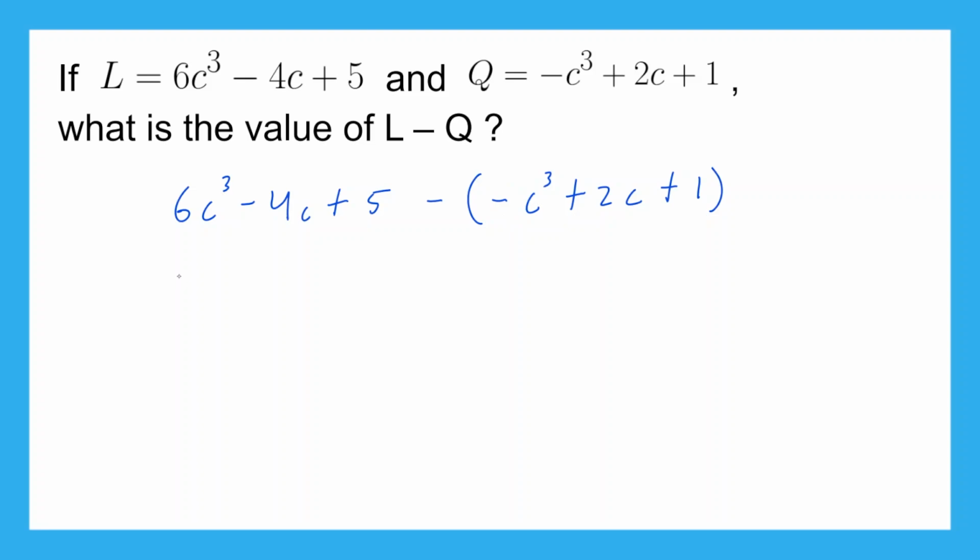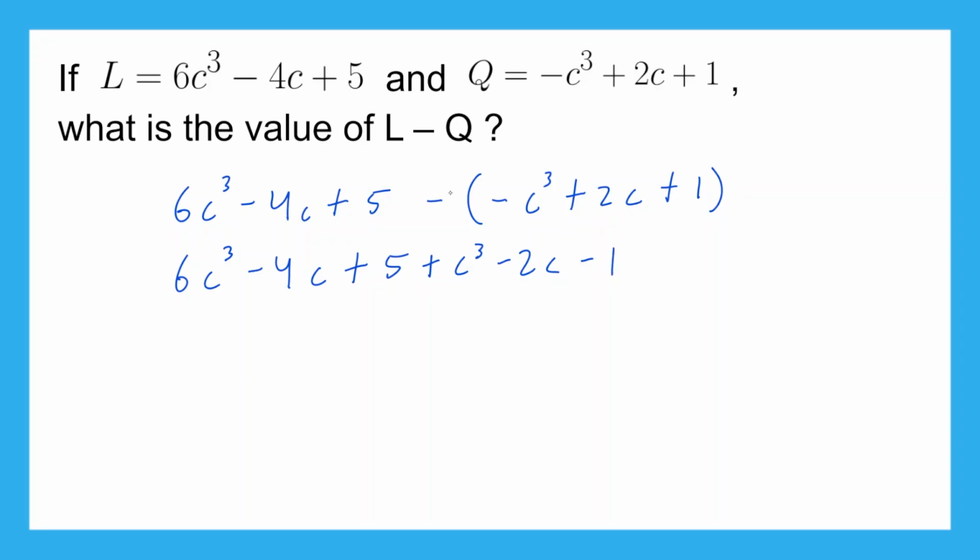So we're going to once again say 6c cubed minus 4c plus 5. And then this term with the sign change is going to be plus c cubed. And then we have minus 2c. And then we have minus 1, right?